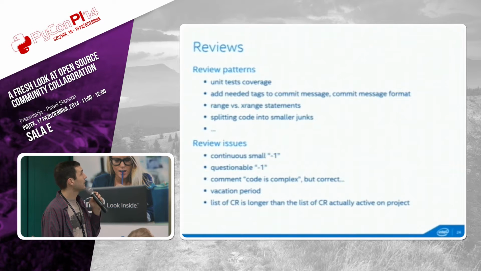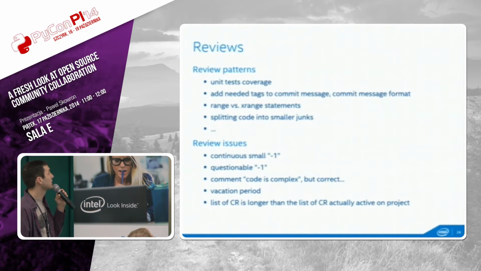Okay, and what we quickly found around the reviews is that there are some patterns you need to follow. For example, take care about unit test coverage, take care about the format of commit messages, and so on and so on. This is something that we quickly learned. And then let me share a few issues we found around reviews.